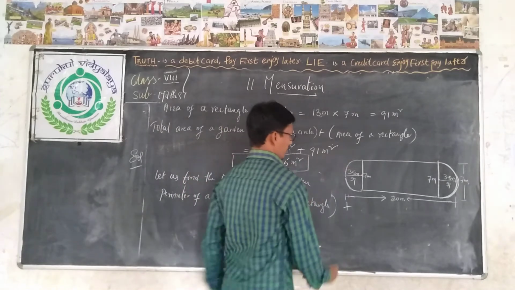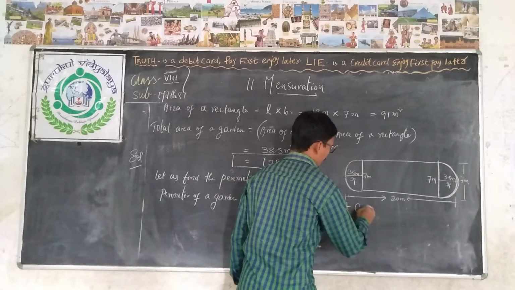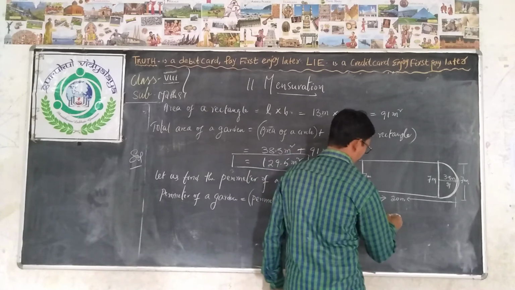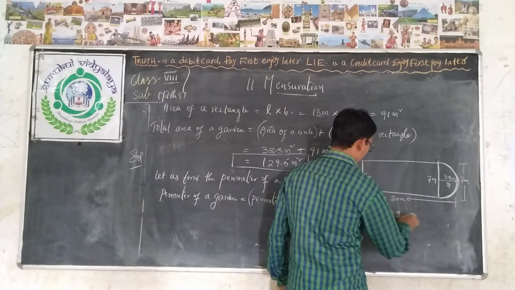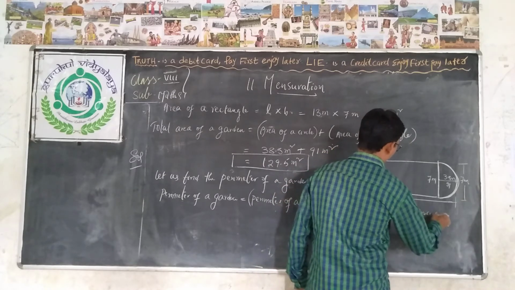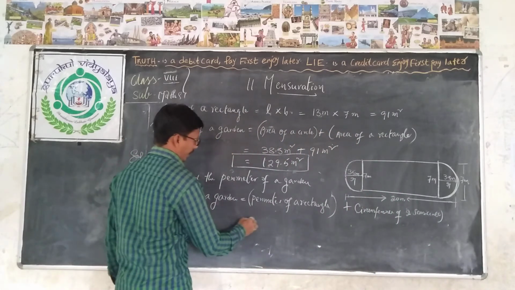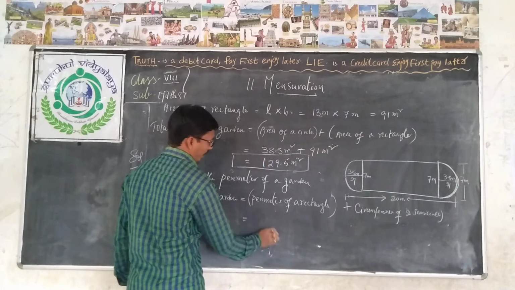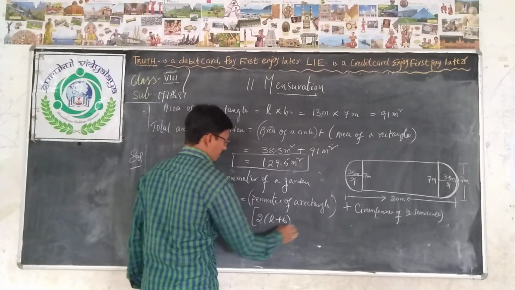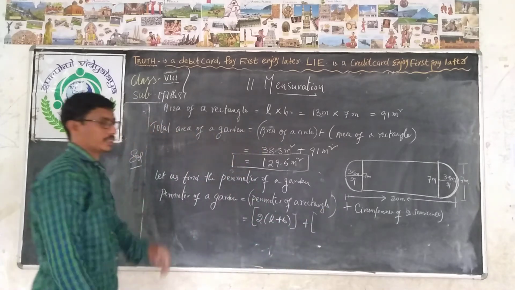A semicircle. So the circumference of two semicircles. Here the perimeter of a rectangle means 2 into L plus B, plus the circumference of two circles.